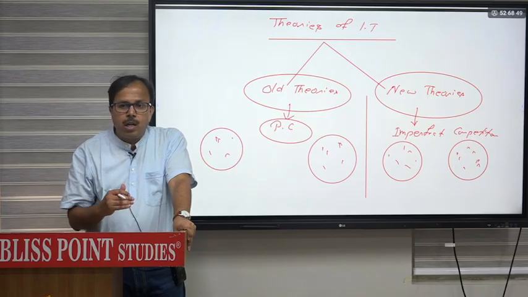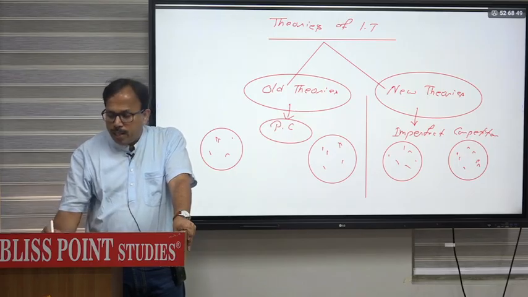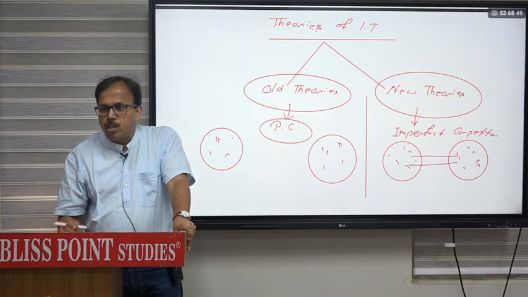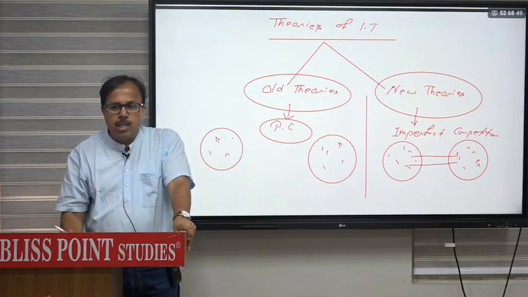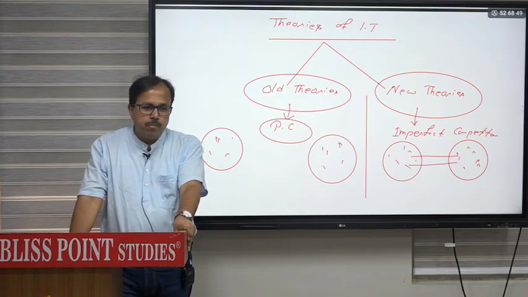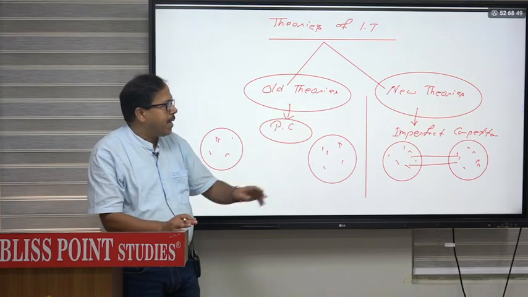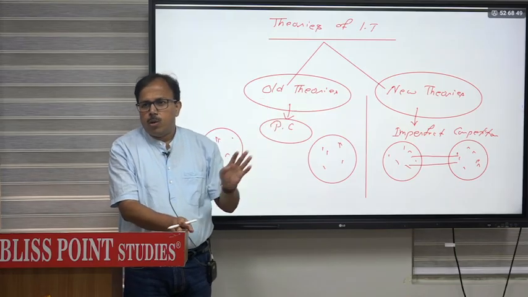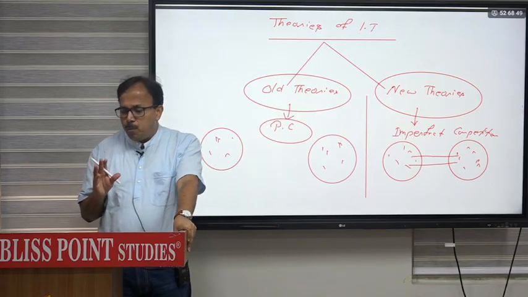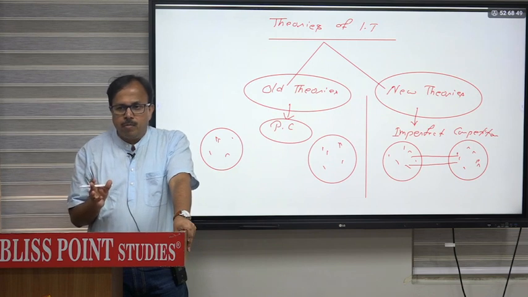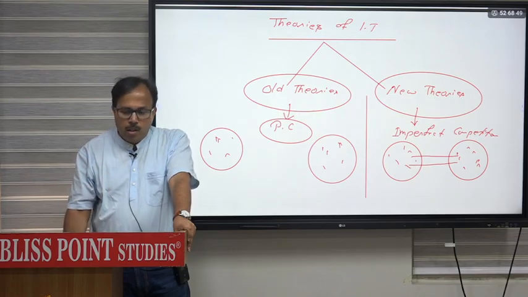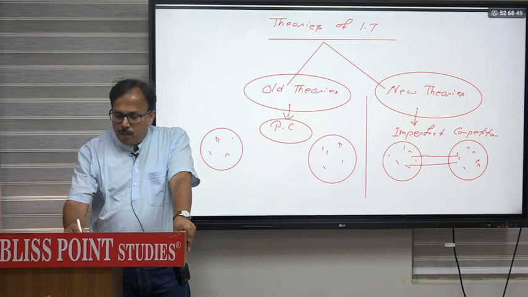So the other possibility is that the home country can export cloth as well as import cloth. It is cloth for cloth. That is called intra-industry trade. Intra-industry trade will be highlighted by new trade theories, and inter-industry trade will be highlighted by old theories. Old theories basically explain inter-industry trade, and new trade theories add intra-industry trade as well.